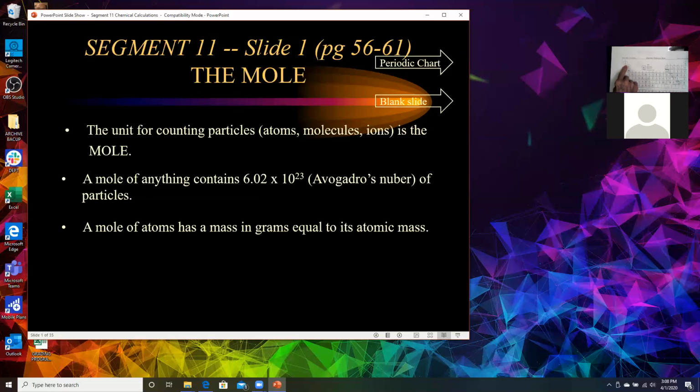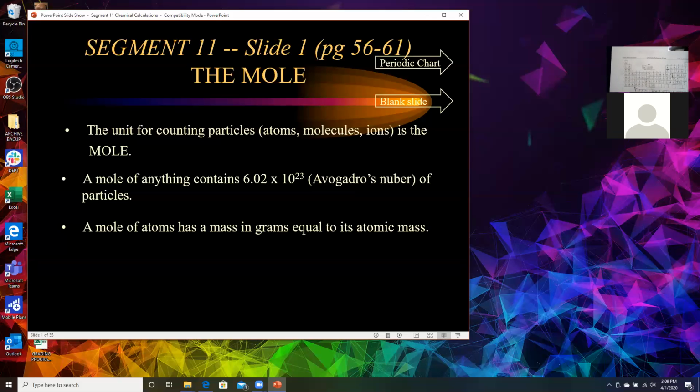If you take 1.01 grams of hydrogen, that will be 1 mole of hydrogen, and it'll have Avogadro's number of hydrogen atoms in it. If I look at the next element below it, lithium, it says 6.94. So 6.94 grams of lithium would have Avogadro's number, 6.02 times 10 to the 23rd, lithium atoms.